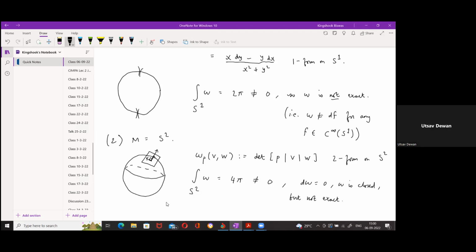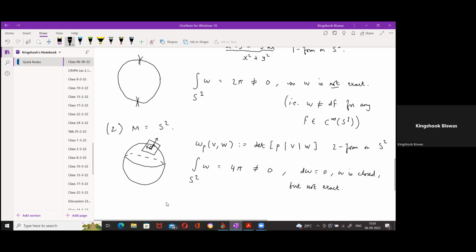Of course, note that any exact form is closed because d of d alpha is 0, right? d squared is 0. So exact forms are closed, but closed forms need not be exact. All right.